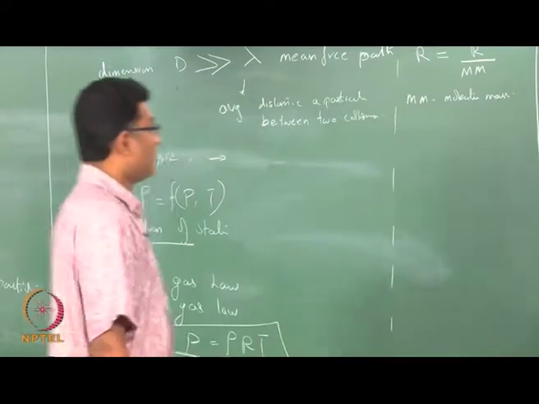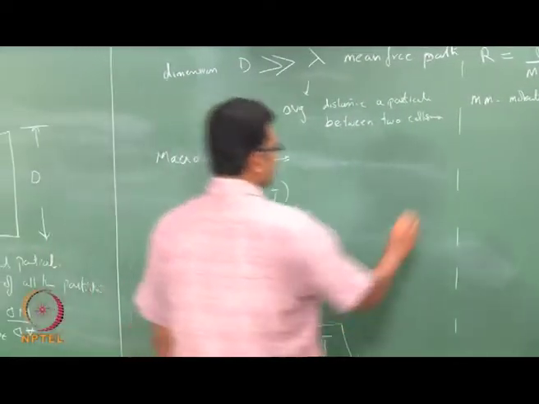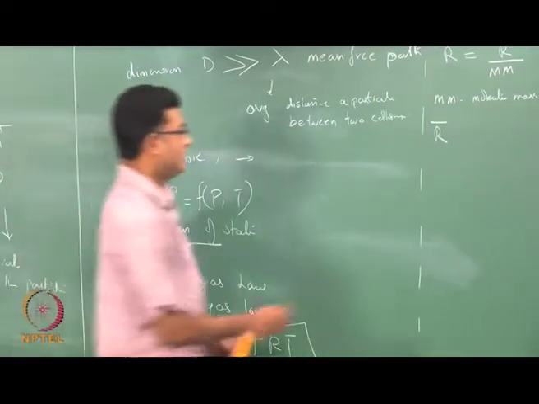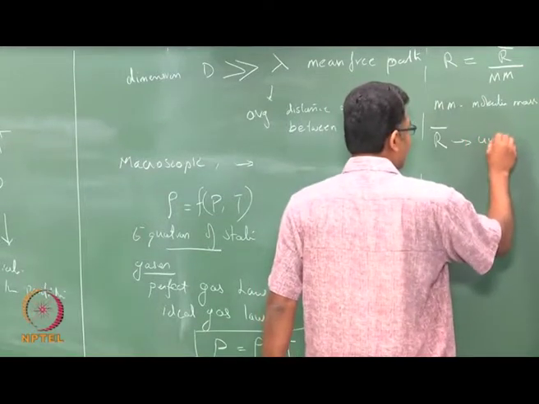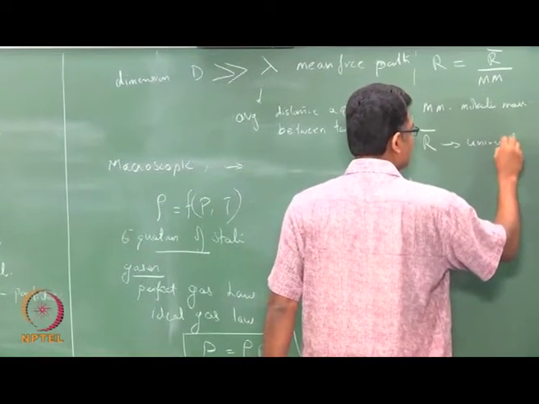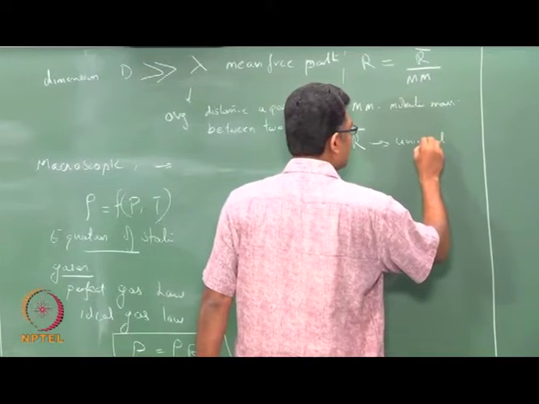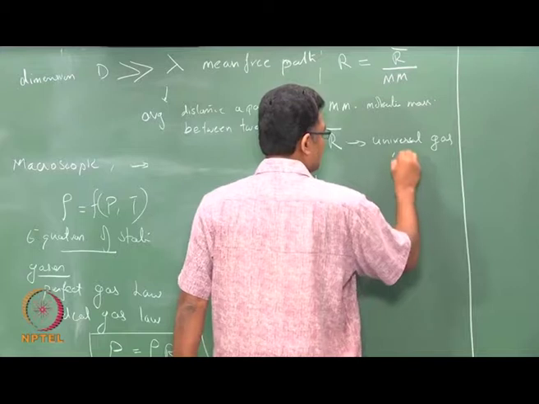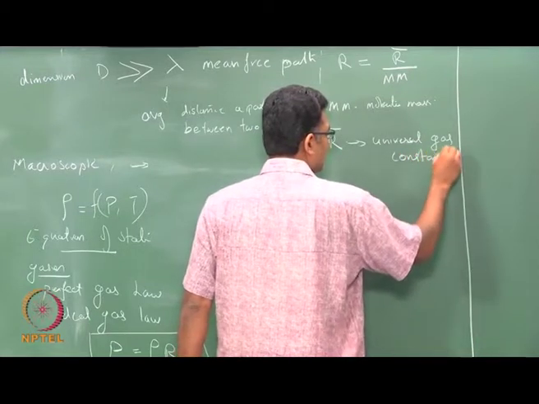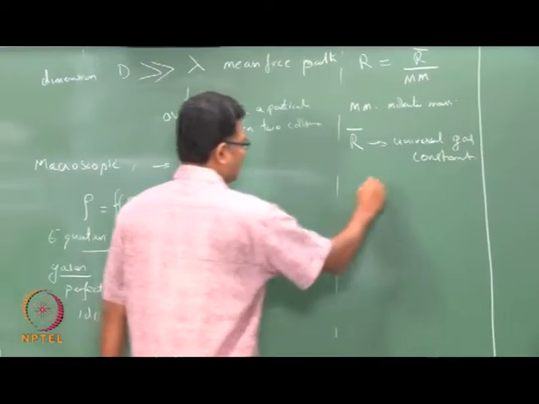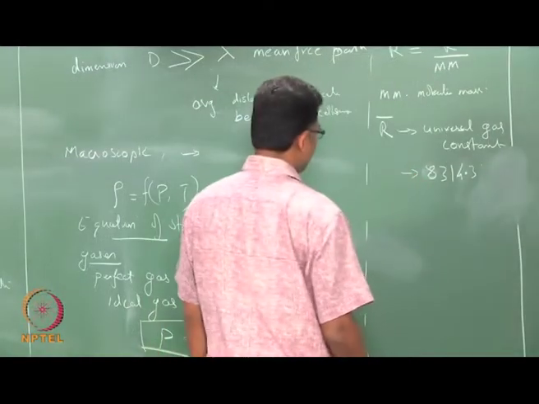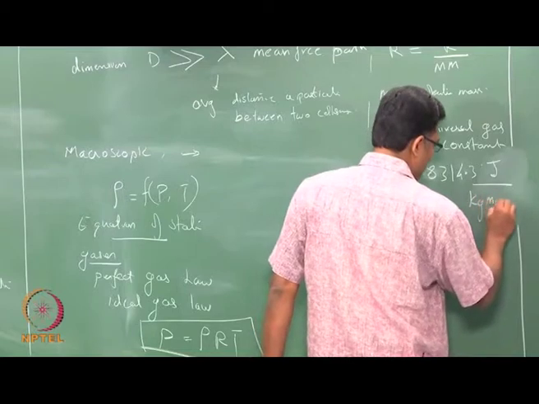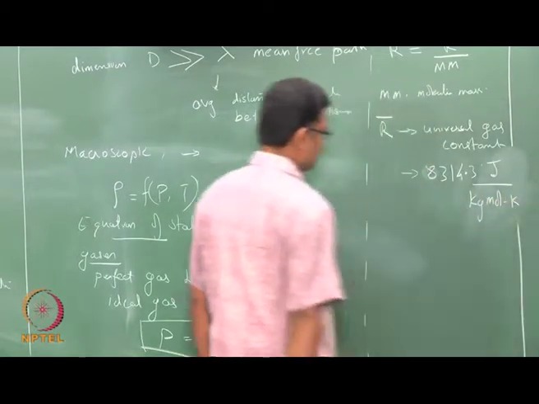The value of R bar, as the name suggests, is universal, valid for all gases: 8314.3 joule per kilomole Kelvin.